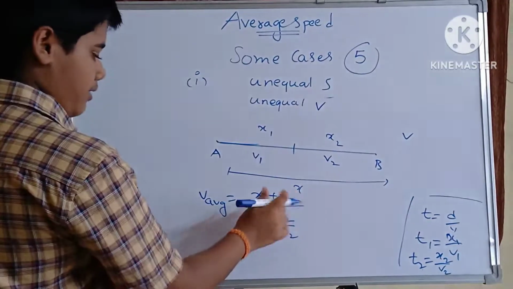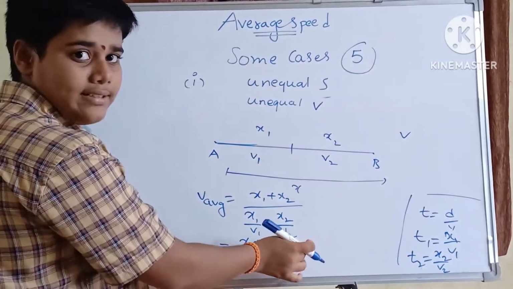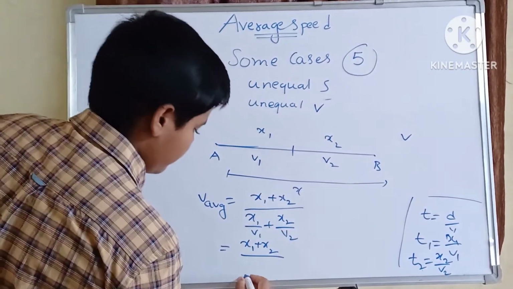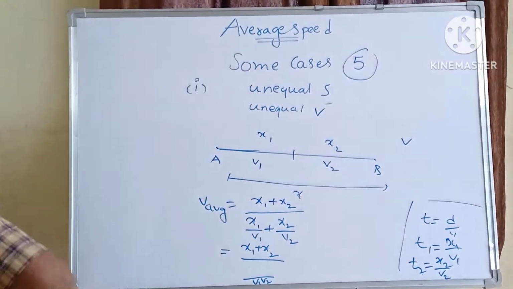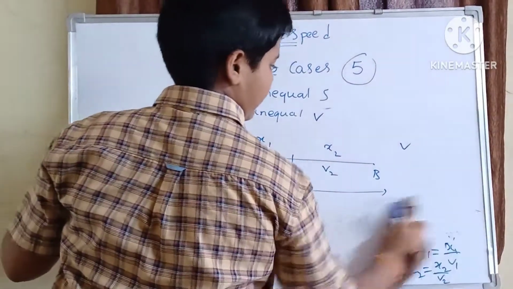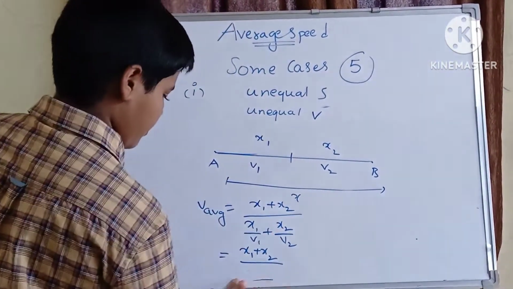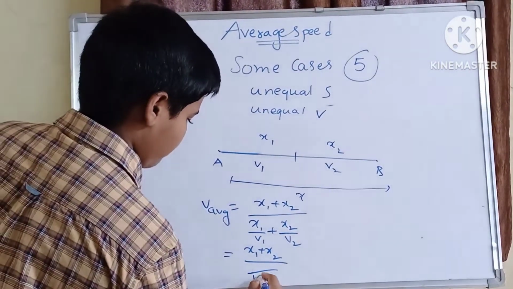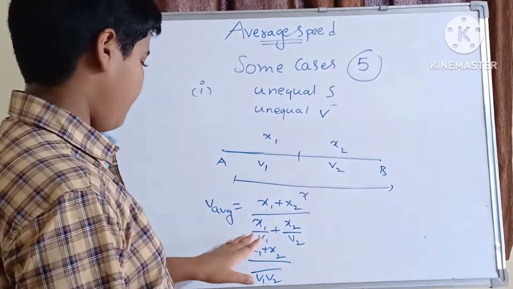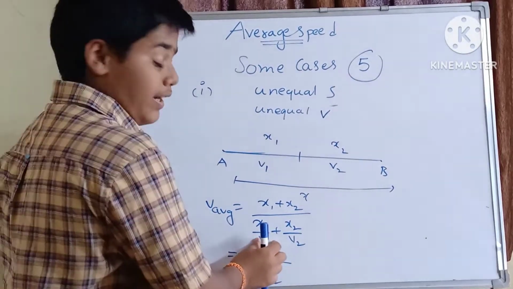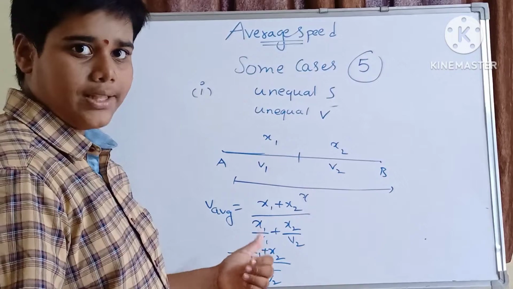So here x1 plus x2 by, for v1 and v2, the LCM is v1 v2. In this, v1 is there but v2 is not there, so x1 into v2 we should multiply.